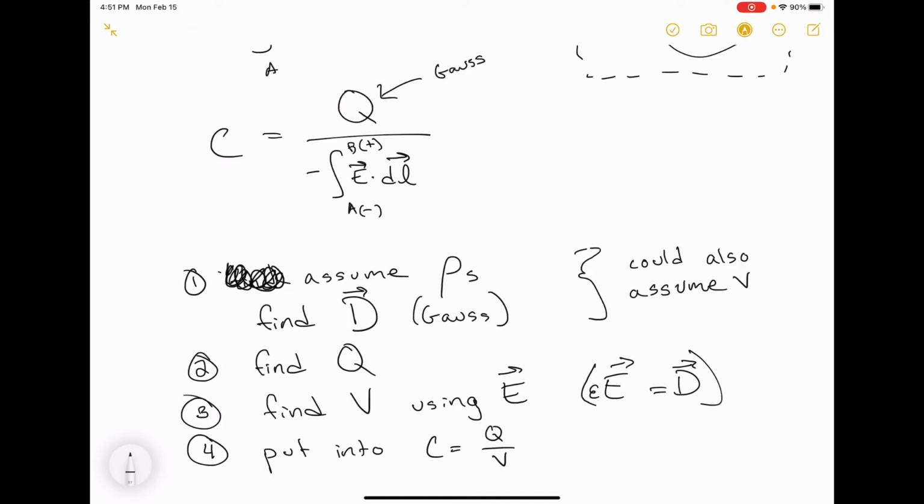And the result should only depend on the geometry of the problem and the material properties. Any expressions you have for the electric field or for the surface charge density or whatever should cancel out of this equation. If they don't cancel, something is wrong and you should check.